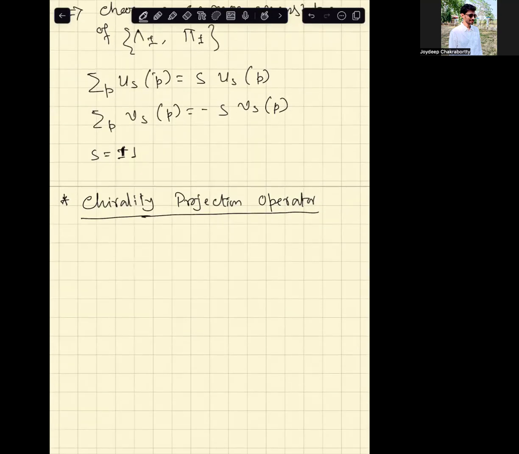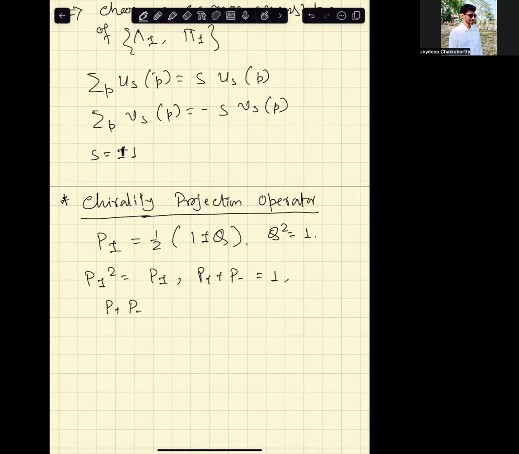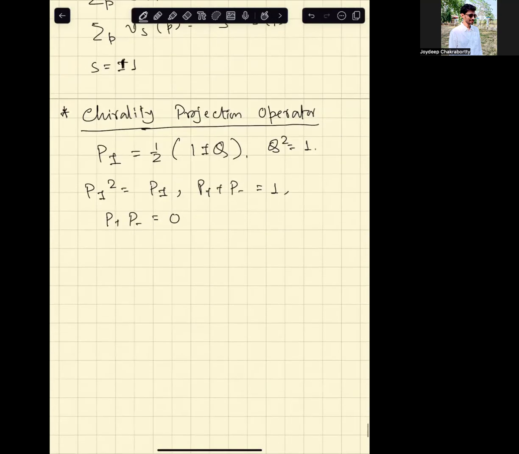So now, if we define a projection operator P plus minus as half 1 plus minus Q such that Q squared equal to 1, then automatically it satisfies that P plus minus squared equals P plus minus, P plus plus P minus equals 1, and P plus P minus equals 0, right? Even without knowing detailed structure about the Q, we can get this operator and serve like a projection operator.